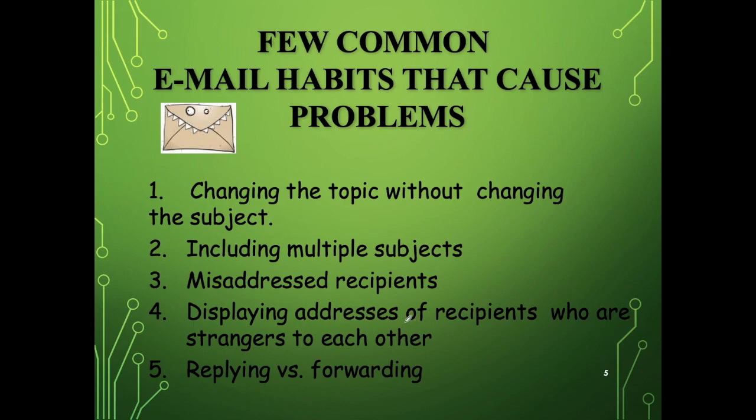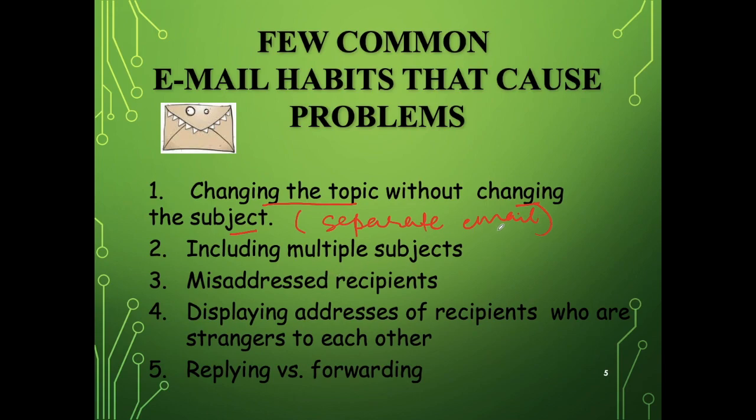Now let's discuss a few common email habits that cause problems. If you midway decide to change the topic without changing the subject, that is a big problem. Each topic should have a separate email. You should make that a habit, not cram all the details into one email.